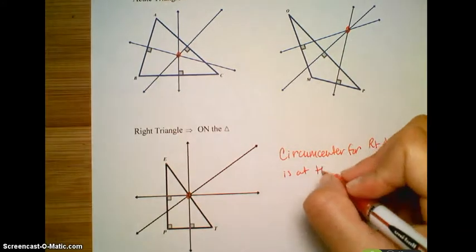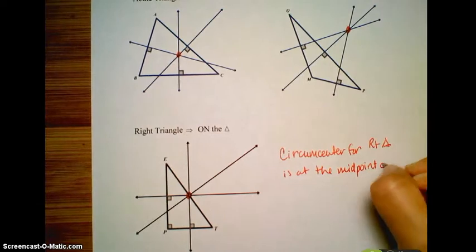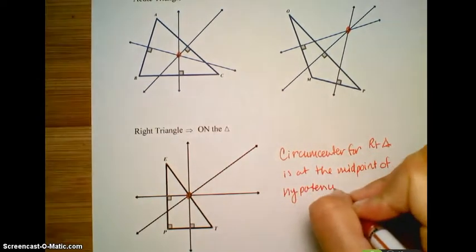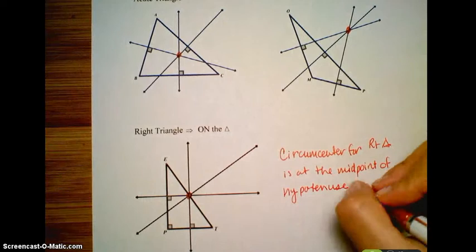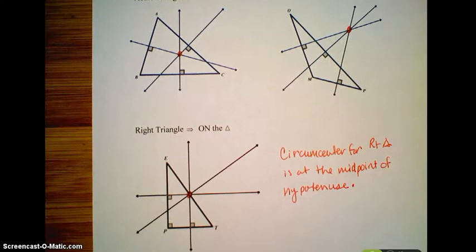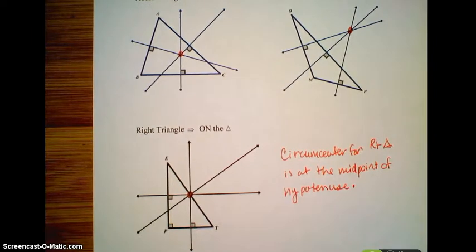It is at the midpoint of the hypotenuse, which is kind of nice because you won't necessarily have to go through some really extensive constructions to create the circumcenter. You could do a simple construction just to locate the midpoint of the hypotenuse and be able to draw it. Okay, we are moving on to page 4.